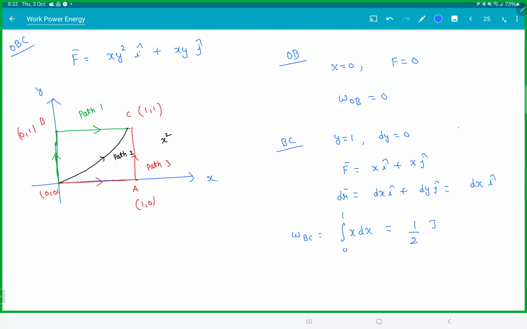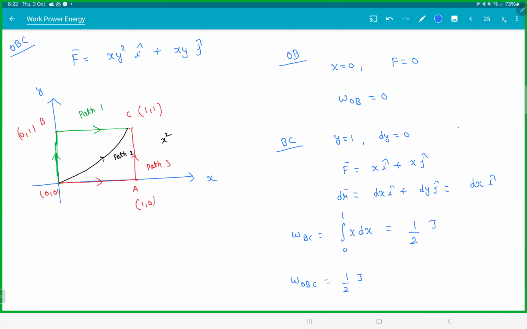But this is not always so, it depends on the path too. Did you see? OBC and OAC become equal. Clear with this? You are getting equal because I took 1, 1, no? If I had taken something else, 2, 2, it would have got messed up maybe. Something else would have changed there, but okay. Any doubts on this? So you can mess up like this.